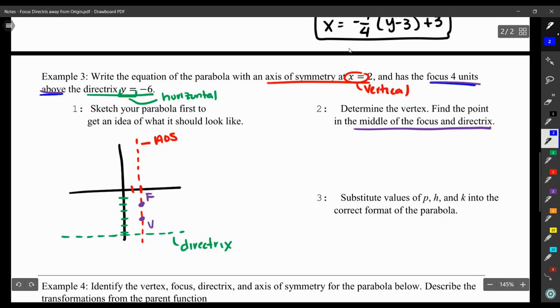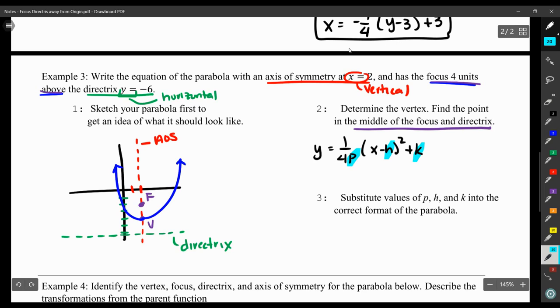And then the final piece that I now know is that the parabola is opening upwards because it has to go around the focus. So all this information has helped me see we're going to use y equals 1 over 4p times x minus h squared plus k. And again, all we need to find are the values of p, h, and k. So h and k come from our vertex.